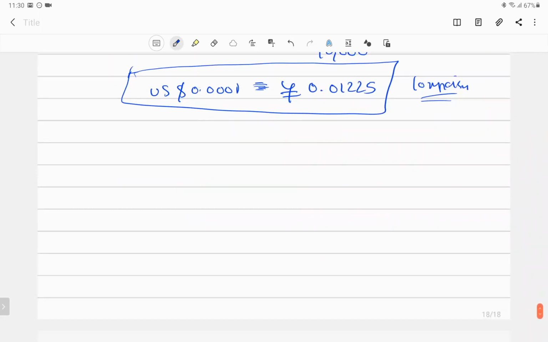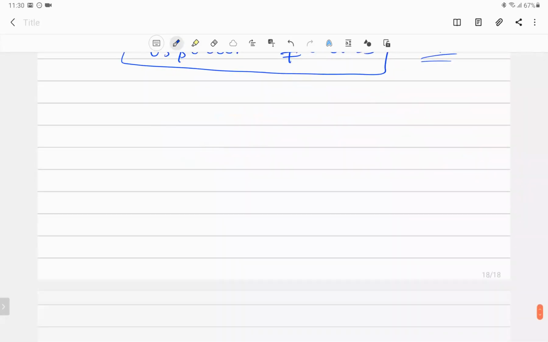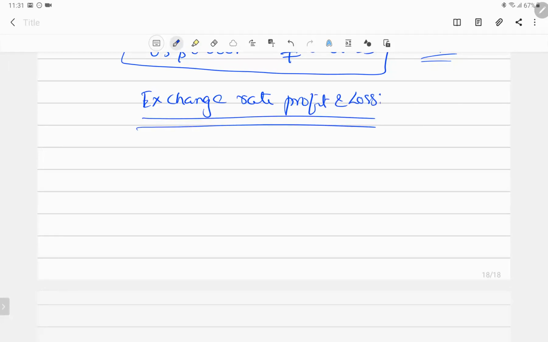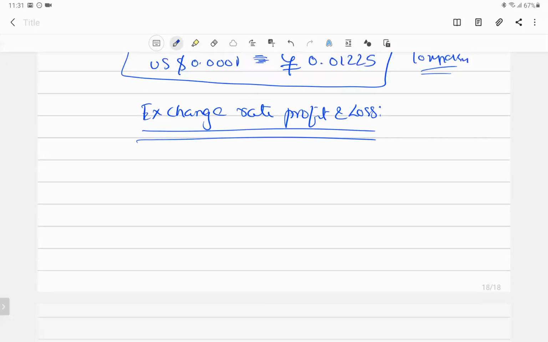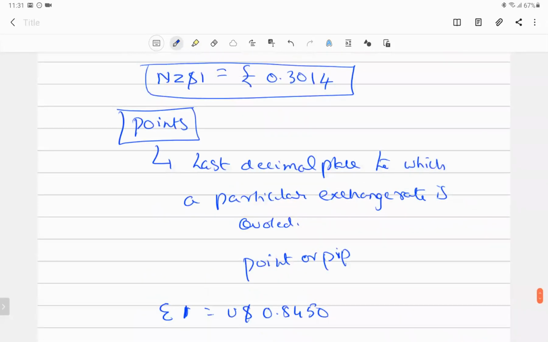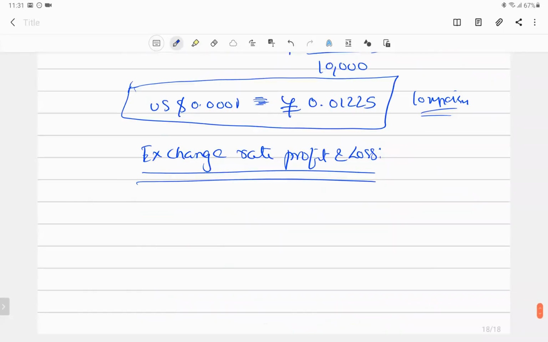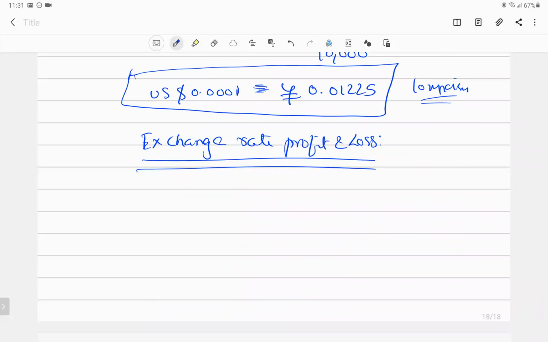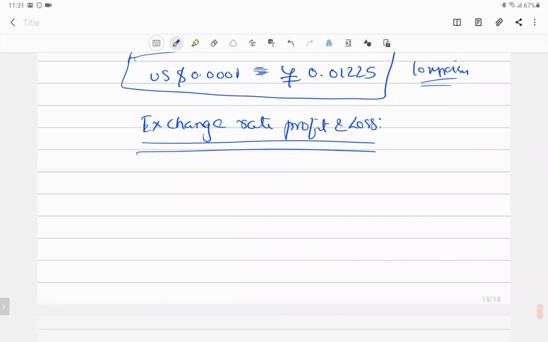Then next thing, I'll put a simple thing on calculating the exchange rate profit and loss. This is very easy. Once we have a strong grasp of the conversions and the interpretation, then we have to get into exposure risk management, right? In the exposure risk management, we have to see the leading and lagging technique.